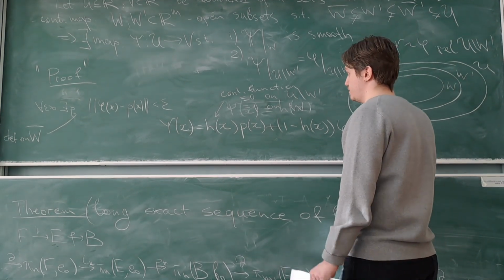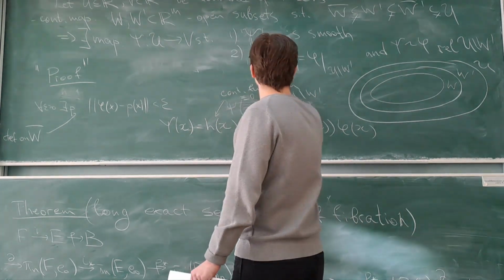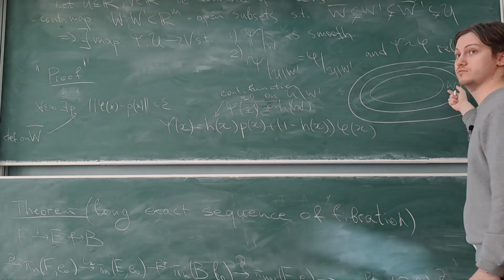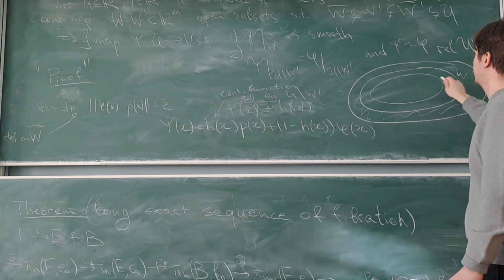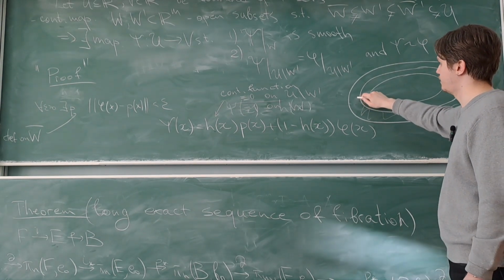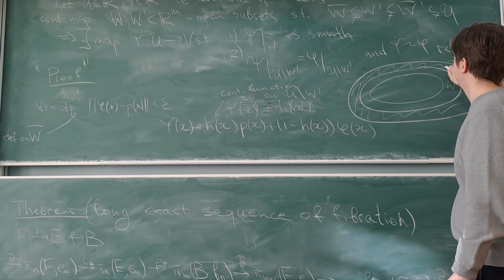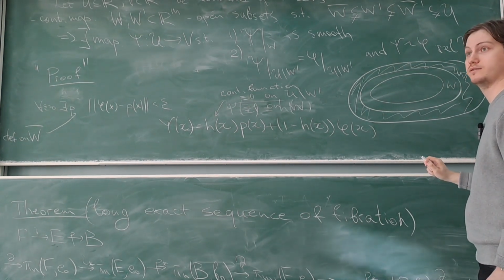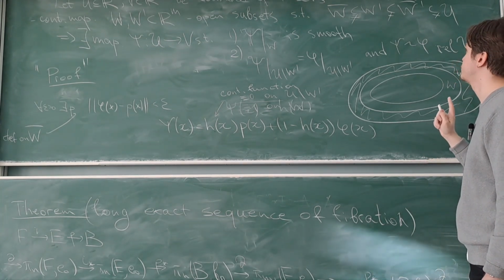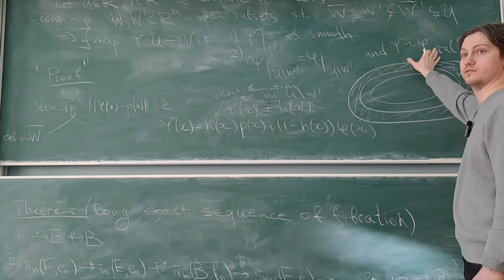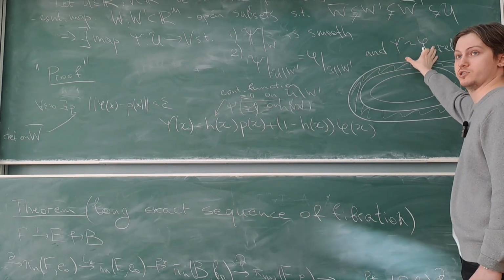Then this function psi is already smooth on your W. It already coincides with phi on this part. And the last thing that I need to check is that these functions are homotopic.